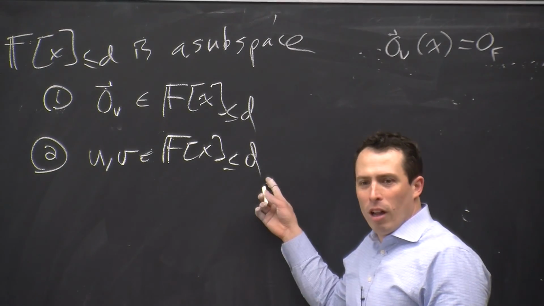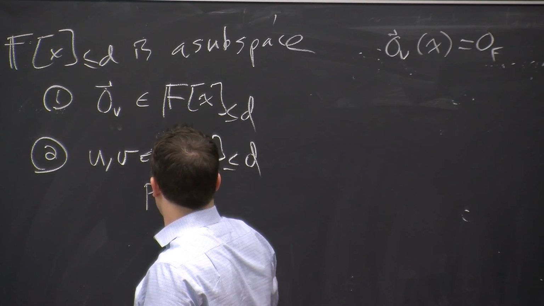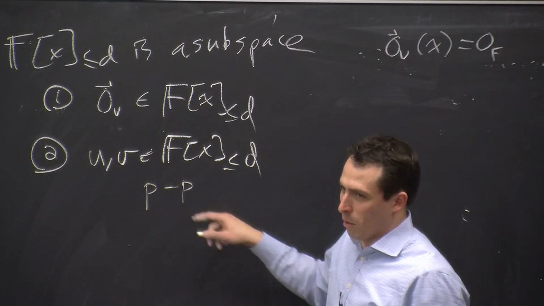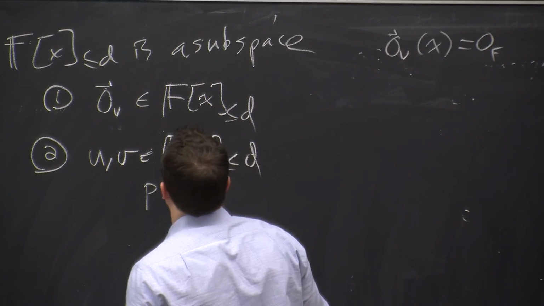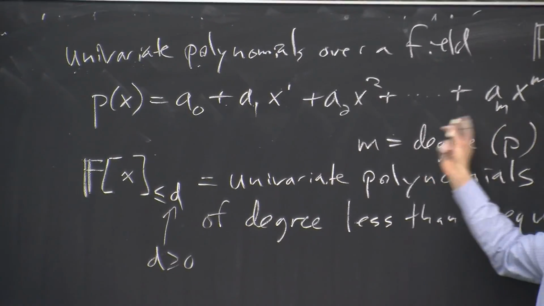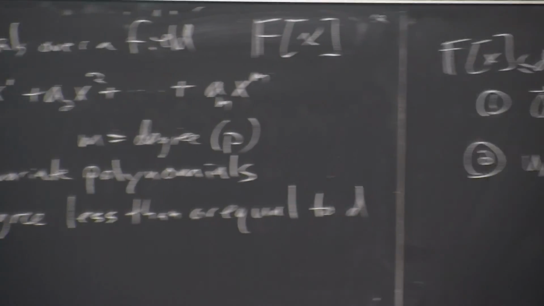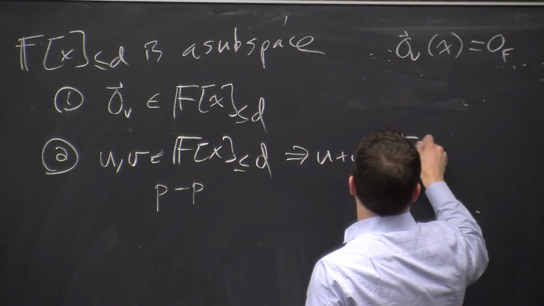It might have degree smaller than d, right? I mean, if I have p and I add it to minus p, I get 0, which has smaller degree. But it's not going to have larger degree. You can think about that by just thinking about adding the coefficients individually, and there's no way to get a jump in degree. So that certainly implies that u plus v has degree at most d.